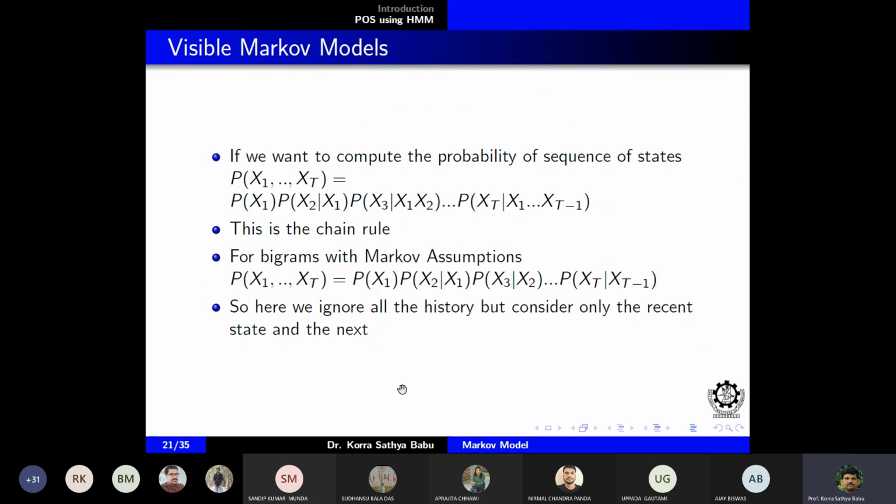The probability of x1 through xt is the probability of x1 times the probability of x2 given x1, times the probability of x3 given x1 followed by x2, times the probability of x4 given x2 followed by x3. This is the way you have to go through. Here we ignore all the history and consider only the recent state and the next state, if it is a bigram.